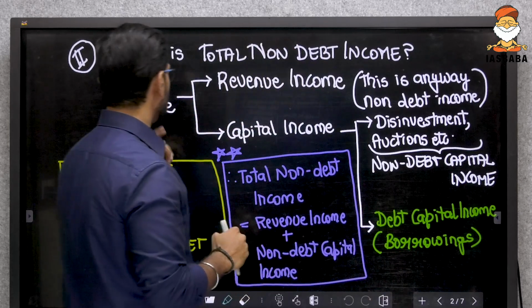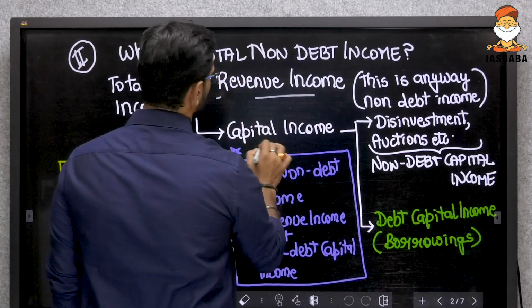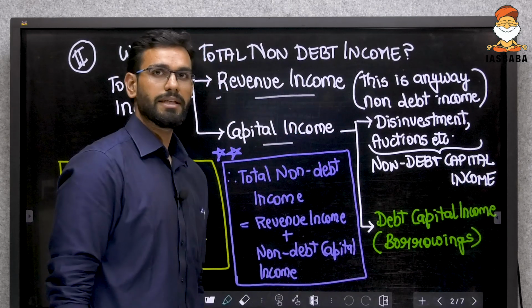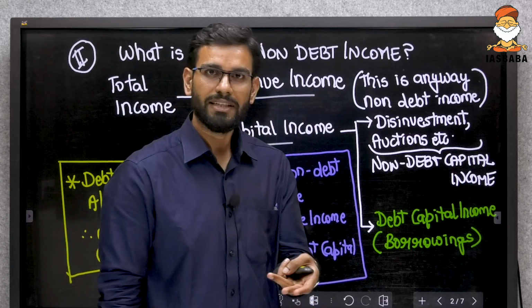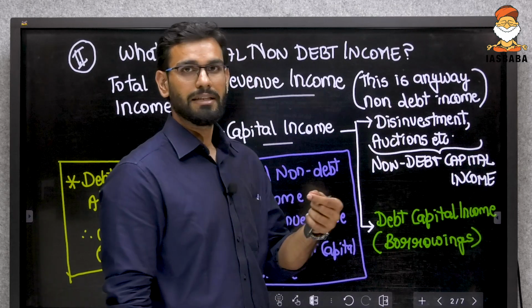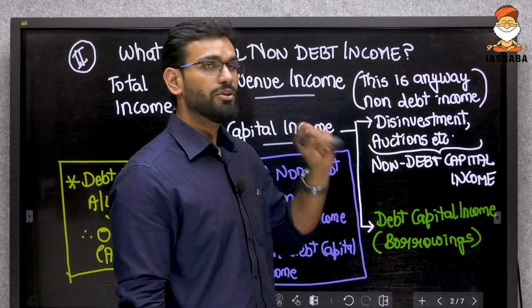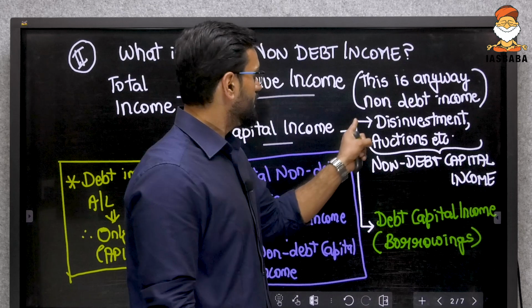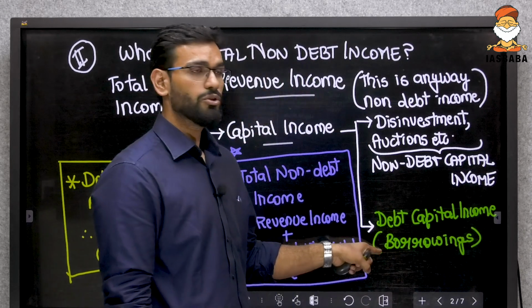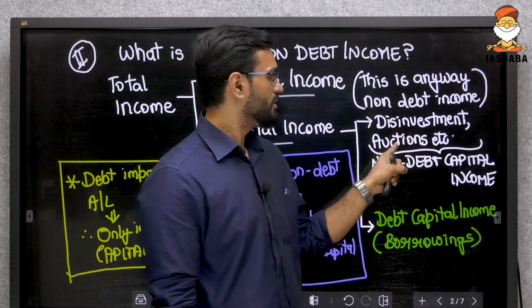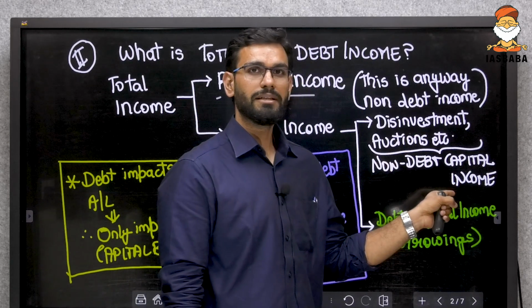Total income will be revenue income plus capital income. Now revenue income is anyway not debt because it does not deal with assets or liabilities. Debt is a liability, so this is anyway non-debt. Capital income can be divided into two: debt capital receipts, which are the borrowings, and disinvestment and auctions, which are the non-debt capital receipts.